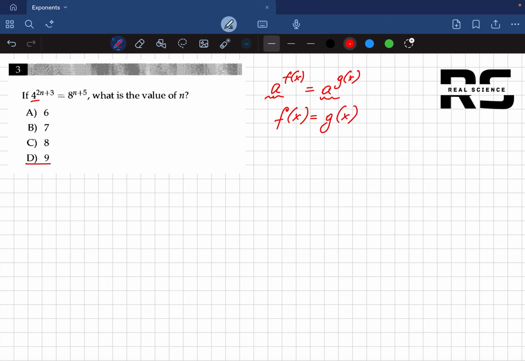So in this case, we can rewrite 4 as 2 squared, and 8 as 2 cubed. So 4 to the power of 2n plus 3 is equal to 8 to the power of n plus 5. 4 would be 2 squared to the power of 2n plus 3 is equal to 2 cubed to the power of n plus 5.